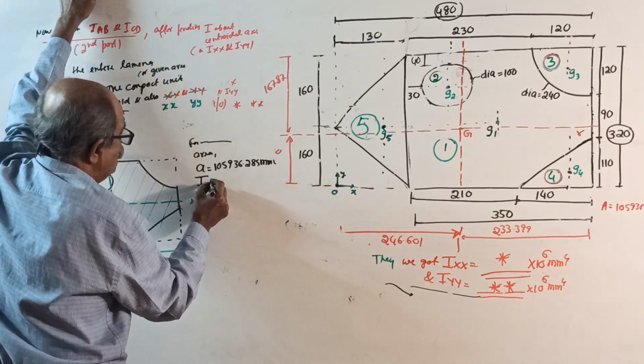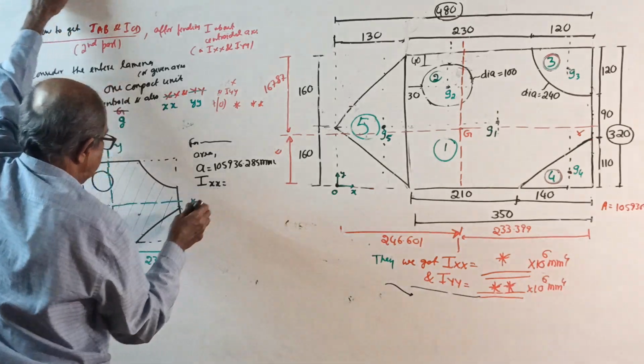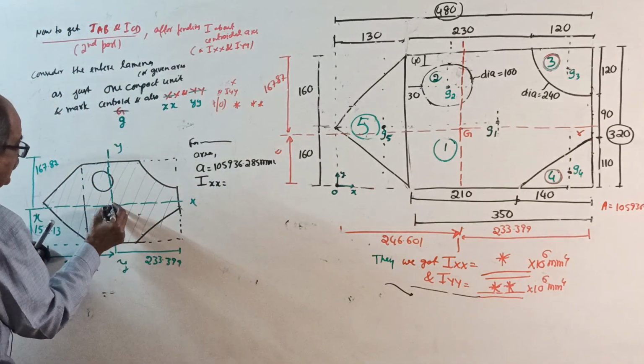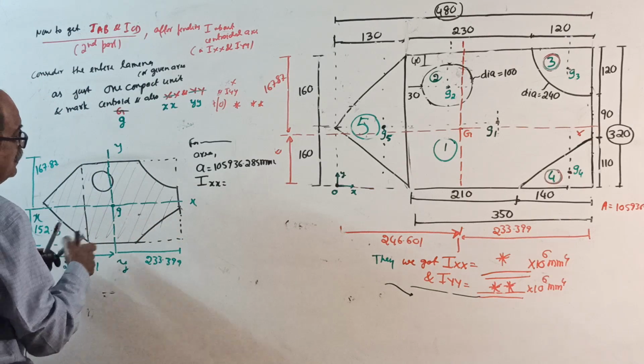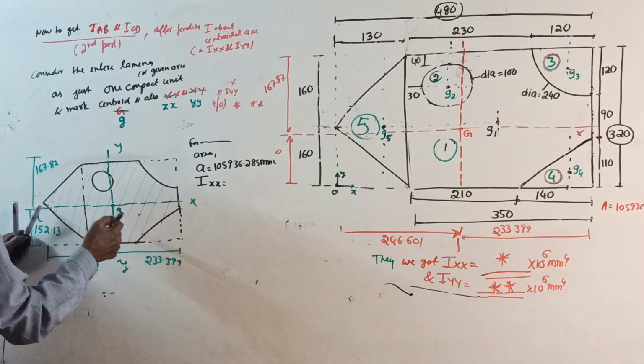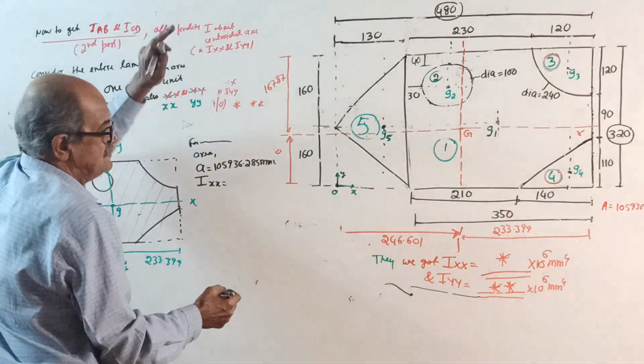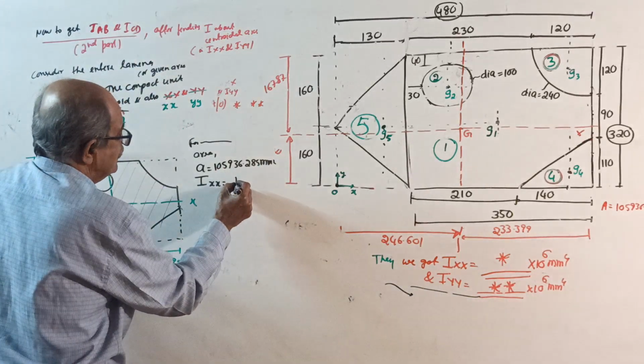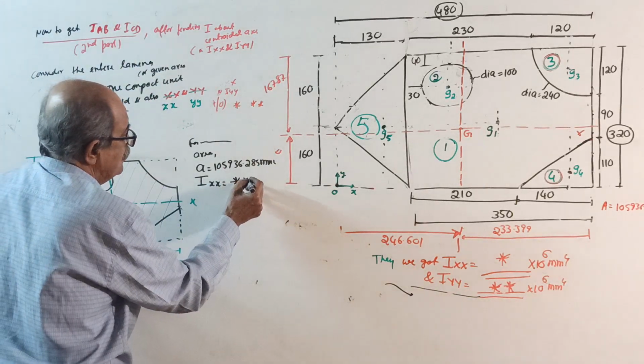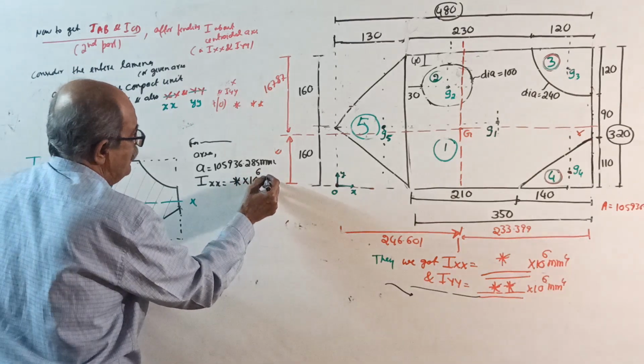And I about the centroidal x axis, small g, is Ixx. Last time I told star, star 10 to the power 6 millimeter power 4.